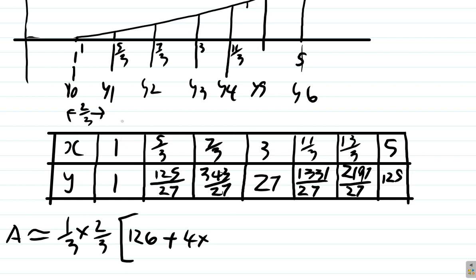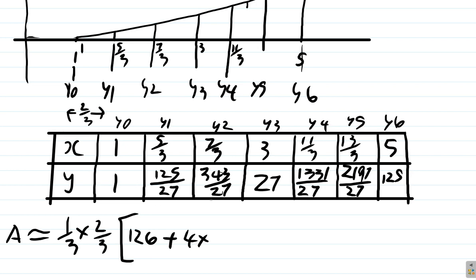Now remember, this here is going to be y0. The last one is y6. So we have y1, y2, y3, y4, y5.